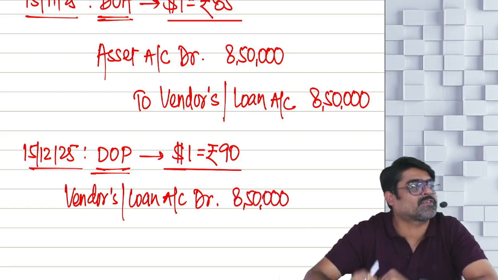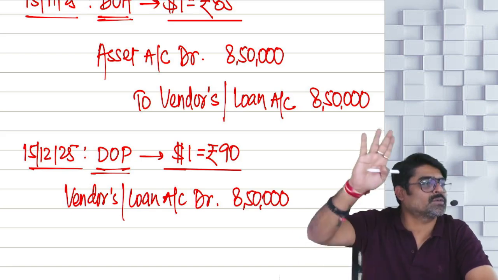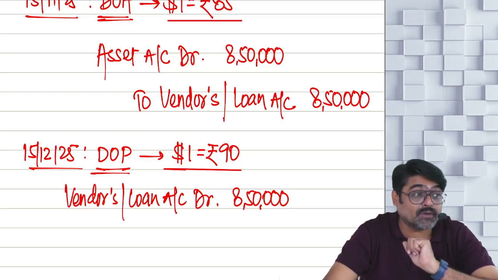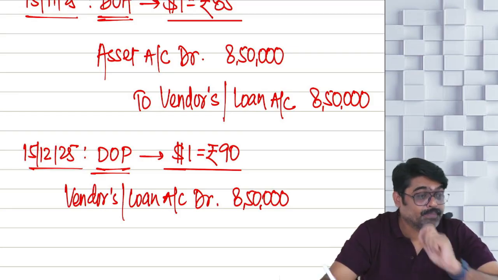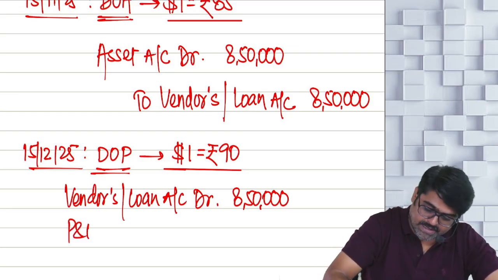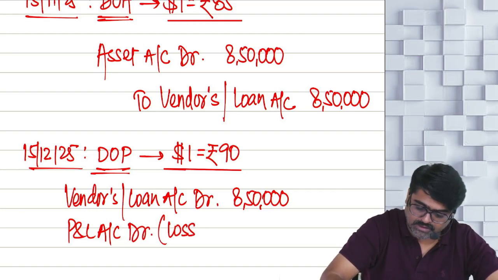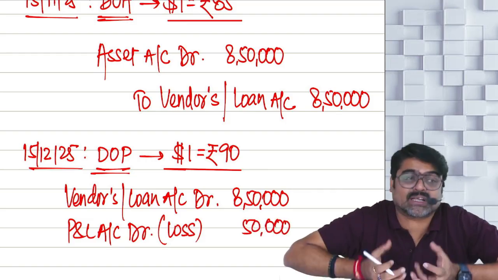But to settle this, how much cash went from your pocket? 9 lakhs, sir. 50,000 extra. Usually what do we do in accounting? P&L account debit for foreign currency loss. Yes or no? That was 50,000. 50,000 extra you have to pay.